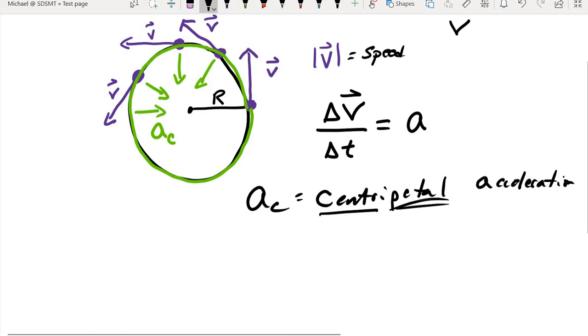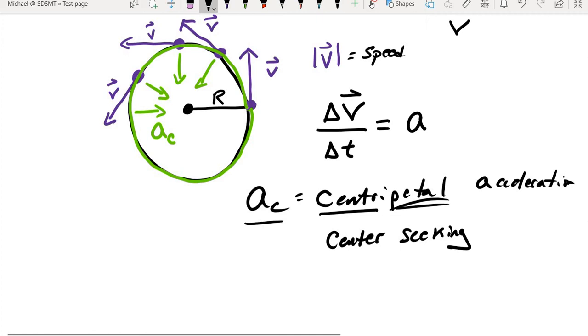Well, they originate from the center. And so centripetal, if we were to break down the true meaning of that word, what it really refers to is center seeking. So this is a center seeking acceleration, and we can see that by looking at the direction of all of those acceleration arrows that we've drawn. All of them are pointing towards the center of the circle.